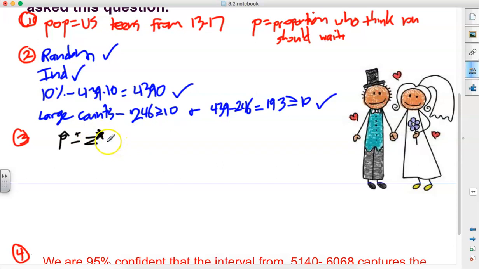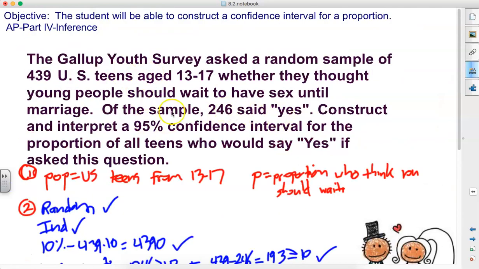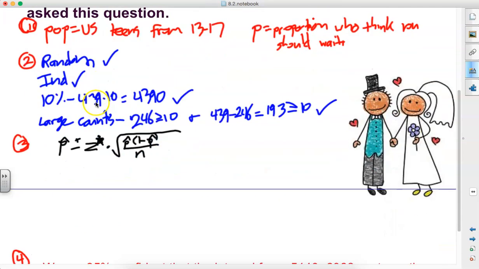All right, and you multiply that Z star by the formula for standard error, which is the square root of p-hat times 1 minus p-hat, divided by n. So that's what we're going to find. First, what is our sample proportion? Our sample proportion is 246, the ones that said yes, divided by the total number, 439.